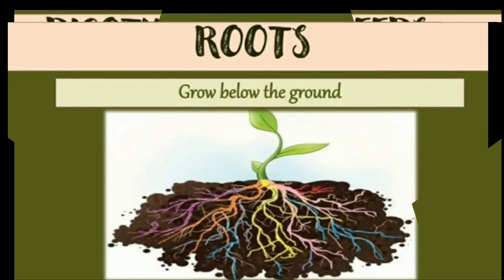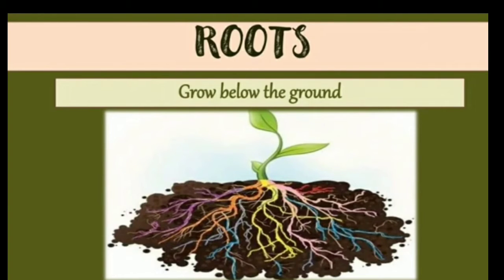Now let us study about the roots. Children, these roots grow below the ground, right? The root that forms from the radicle grows into the ground. The root is thick near the ground and it gradually tapers to a pointed end. This part of the plant growing below the soil for support is called the root of the plant.